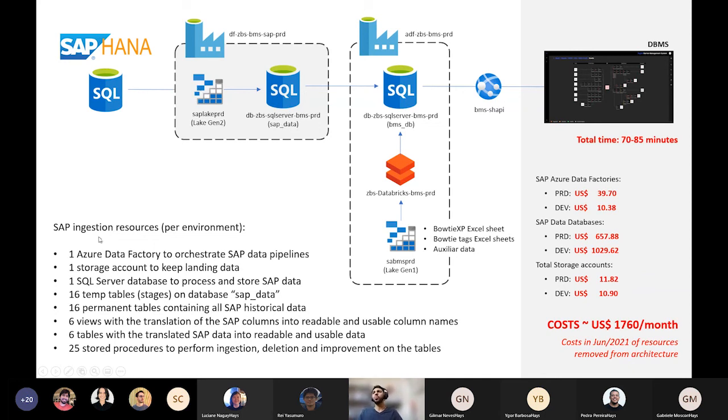And all of the code was split into stored procedures, SQL views, and SQL functions, and it was not always clear when and where each transformation was being performed once we looked at the database. In total, we had 25 stored procedures to perform ingestion, deletion, and improvement of the tables, only inside this database.